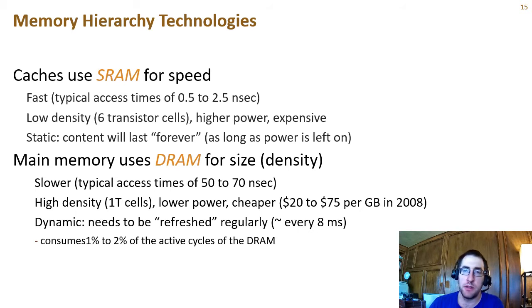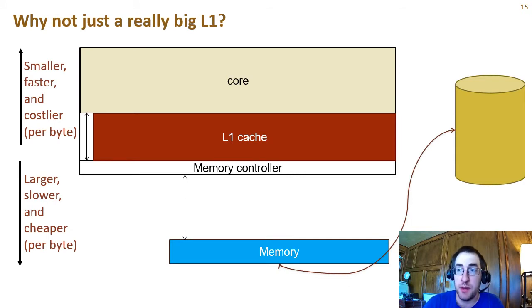Main memory, we use DRAM for size. Again, it's slower. It's higher density, only 1 transistor plus that capacitor, of course. But it's dynamic. It needs to be refreshed every 8 milliseconds or so. So by now, hopefully, the answer to this question is apparent: why don't we just use a big L1 cache and not bother with main memory?